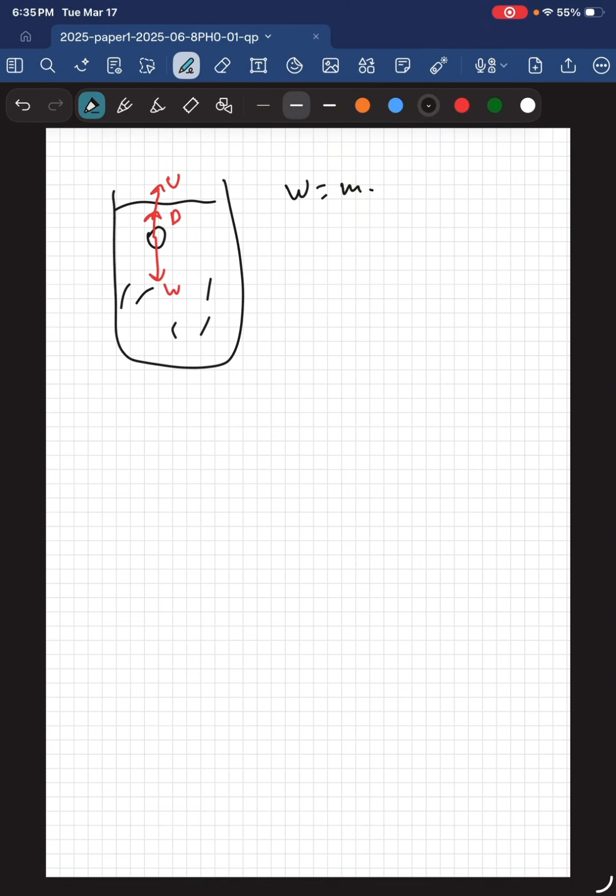Now the weight is mg, the upthrust is rho, the density of the fluid, times g times the volume of the ball, because the upthrust is basically the weight of the displaced volume of liquid. But the drag force is the Stokes force, which is 6 pi times the viscosity times the radius of the sphere times the velocity.